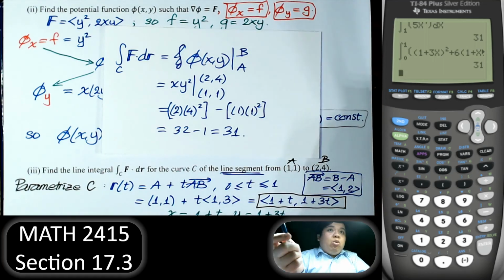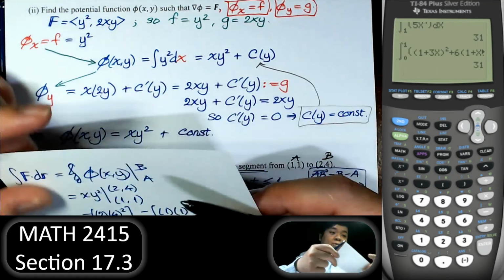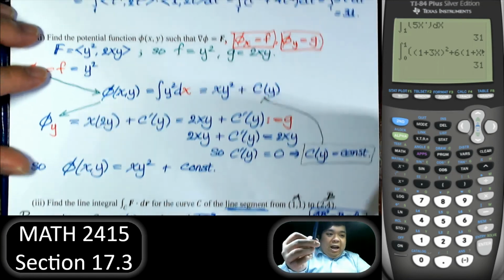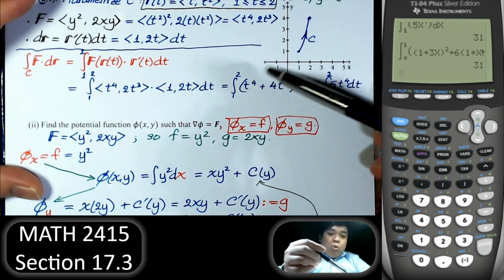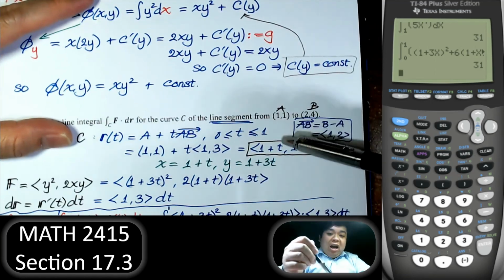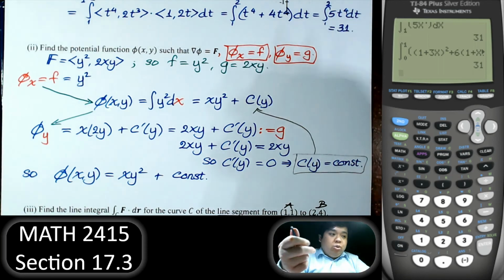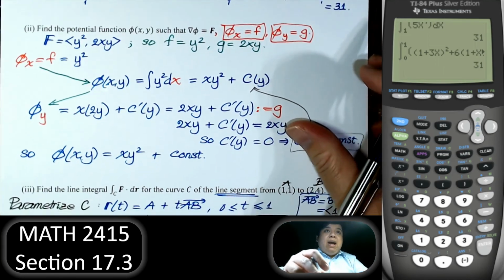The path does not really matter if there's a potential function. Right. And it actually shows that whether we use the parabolic path or the line segment, we have the same thing, because this is independent of path.